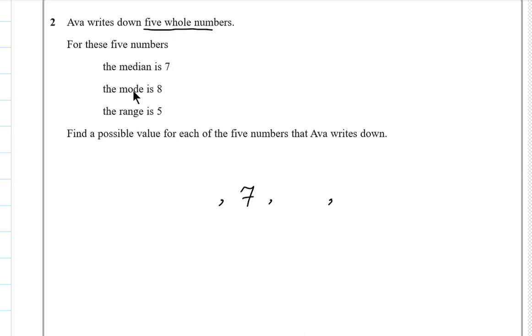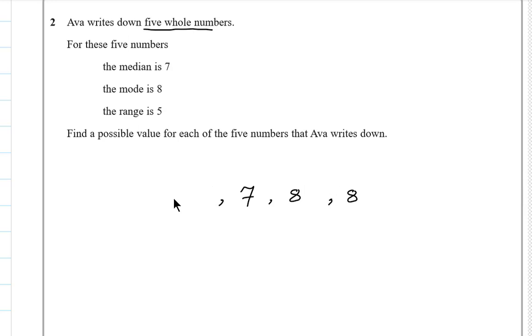Okay, how can we use the next information? Mode is 8. Mode, most repeated value. Because 7 is in the middle, 8 should be to the right of 7, right? So here is 8, and this is 8 also, because the mode is 8. So we must repeat 8 twice.